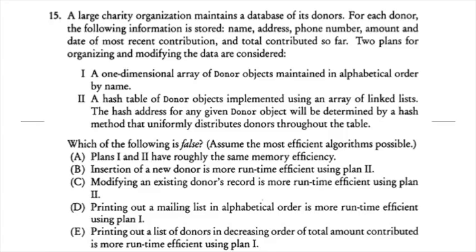So if the hash function is a good hash function, then once we give some specialized key, maybe the first name, the phone number, the address, or the amount of date. Amount of date might not be good because it's not unique. Okay, maybe the name, address, or phone number of the donor. Then we can, in constant time, check out the content of the index of this array of linked lists.